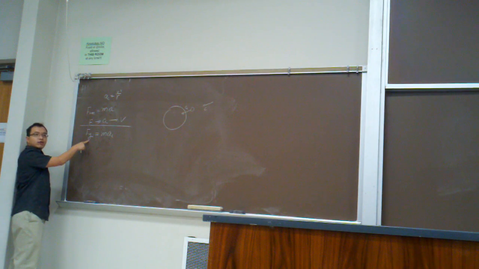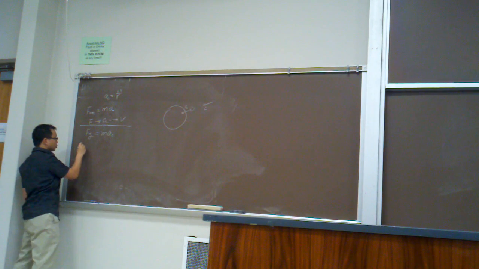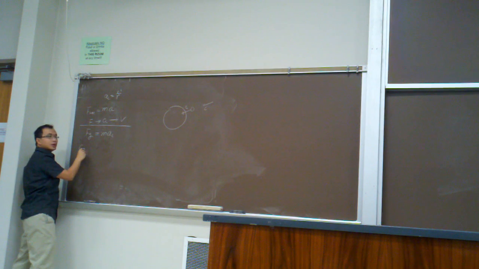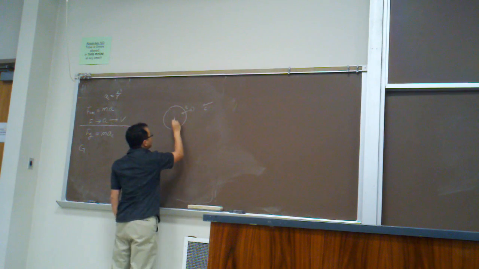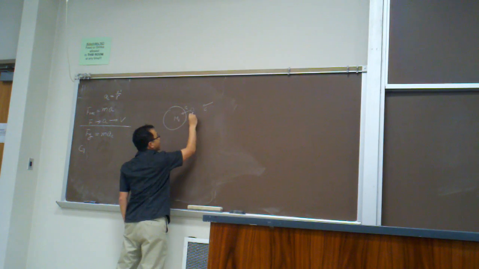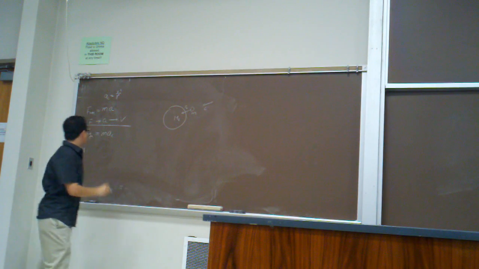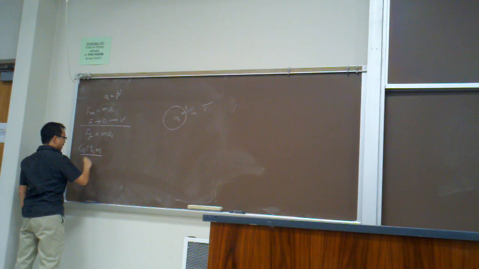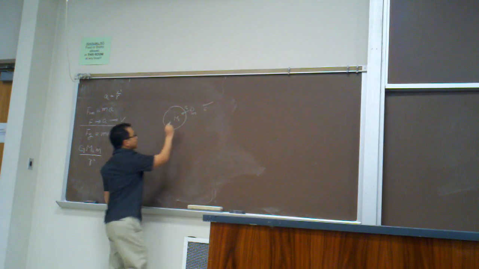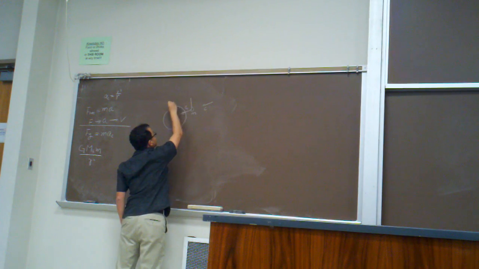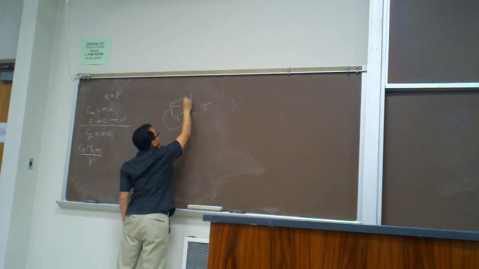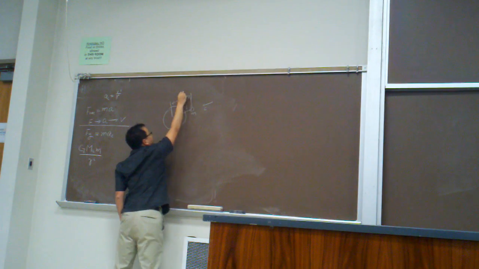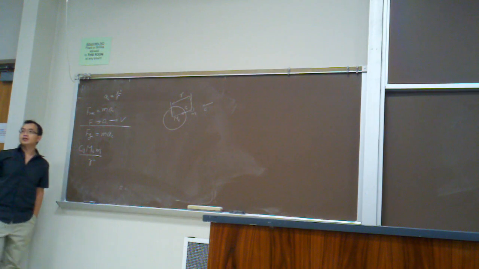The gravitational force equals G multiplied by the mass of the Earth and the mass of the satellite, divided by r squared. r is the distance between the satellite and the center of the Earth.